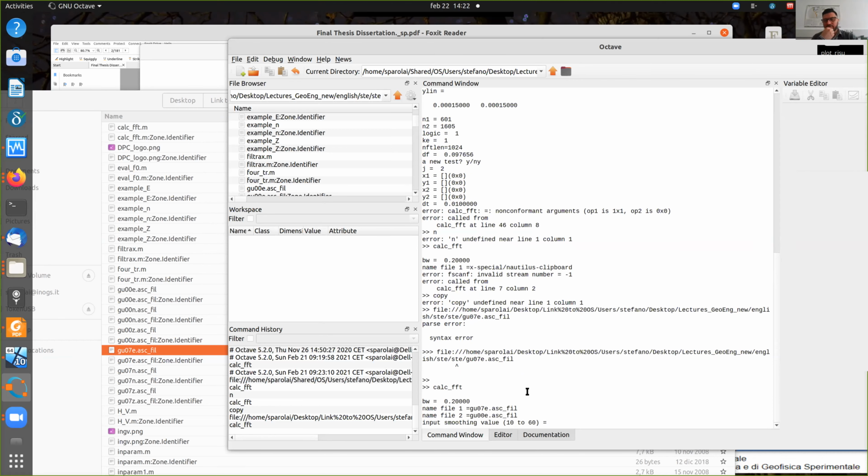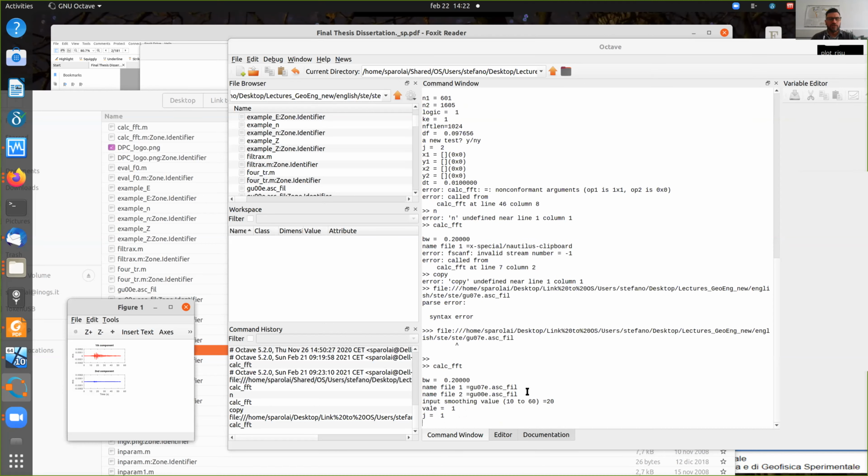Here the code is asking me how I want to smooth the spectra, to remove the large oscillations due to the Fourier transform. So I just select a factor of 20, which gives me a reasonable smoothing.